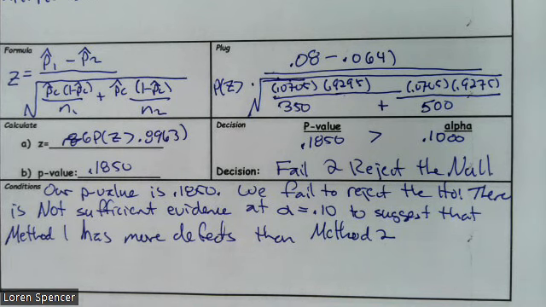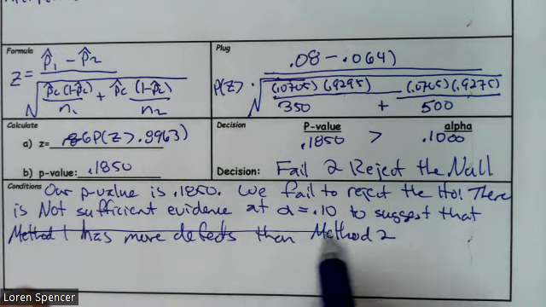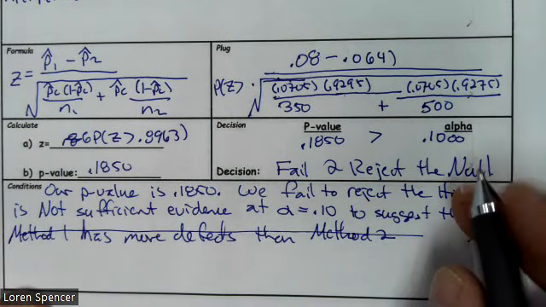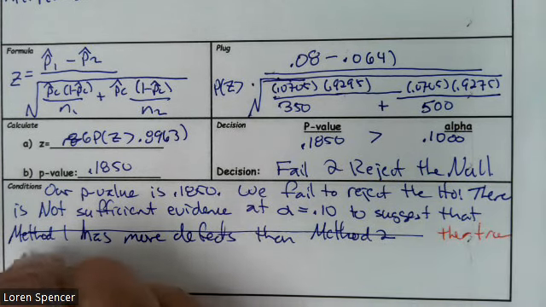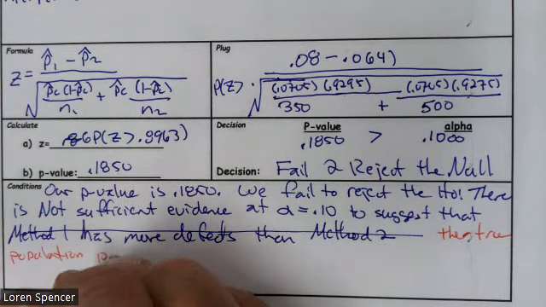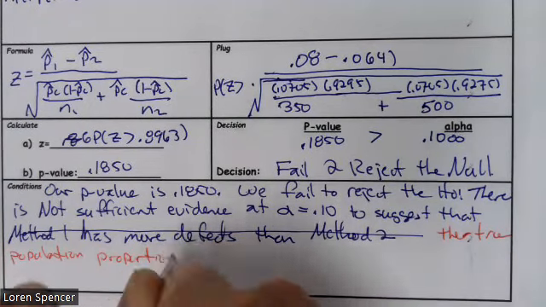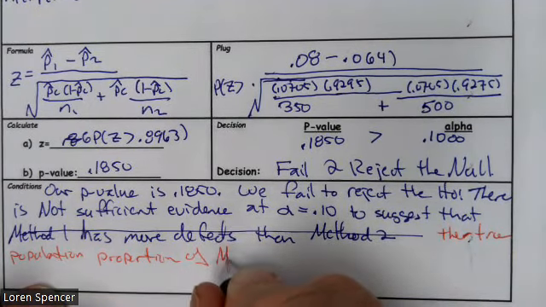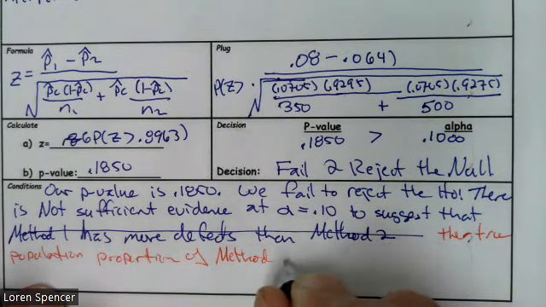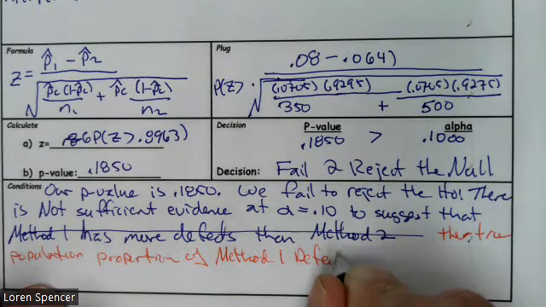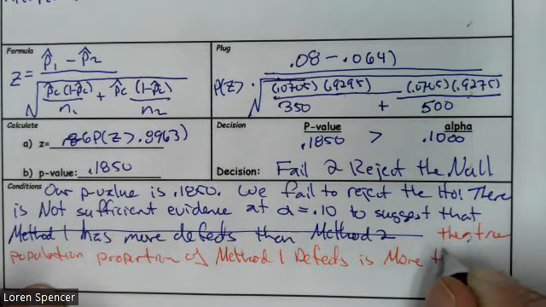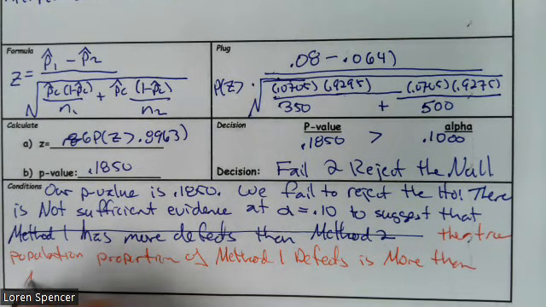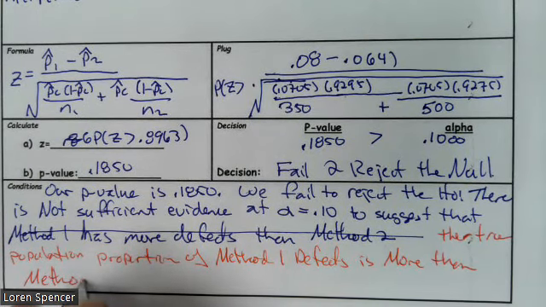And probably that's what I should say, that the true population proportion of method 1 defects is more than method 2.